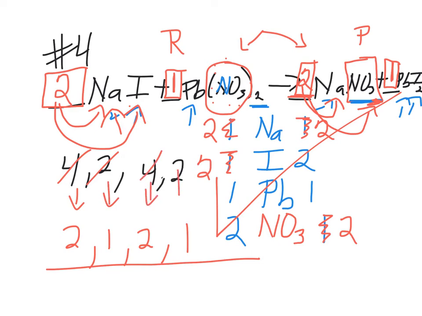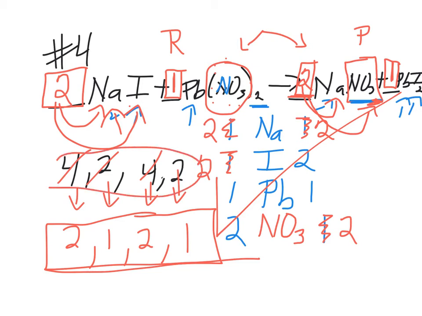And 2 divided by 2 gives me that 1. This must be your actual answer, your coefficients. So make sure once you have your coefficients that you look at all of them. You have to be able to reduce all of them, not just a couple of numbers, for it to be right. Okay? All right, let's go ahead and do number 5.